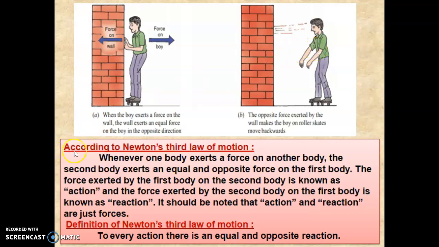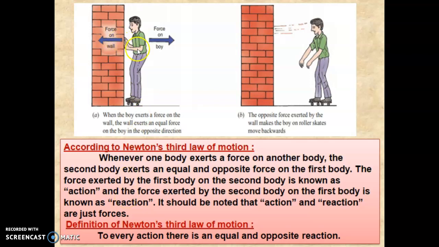Now, according to Newton's third law of motion, whenever one body exerts a force on another body, the second body exerts an equal and opposite force on the first body. The force exerted by the first body on the second body is known as the action. So what is action? The force exerted by the first body on the second body.